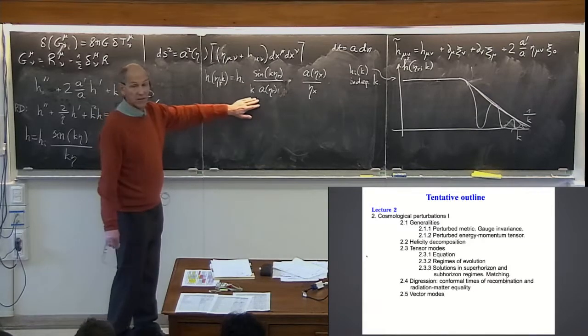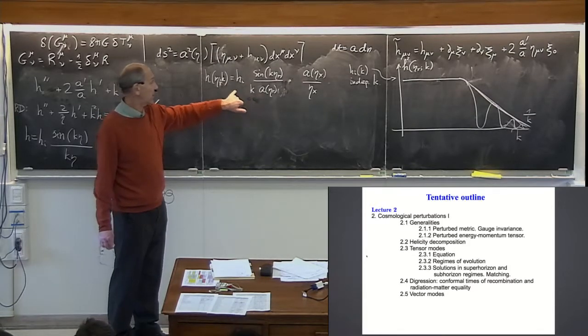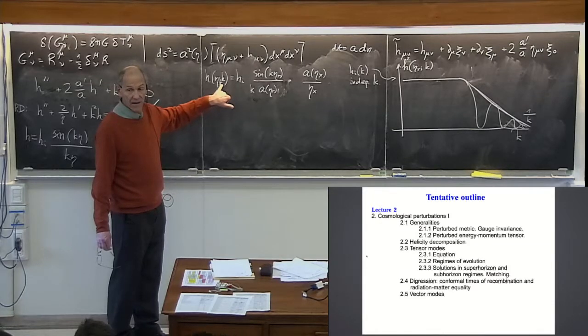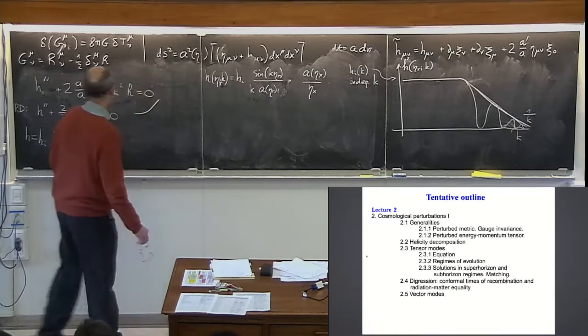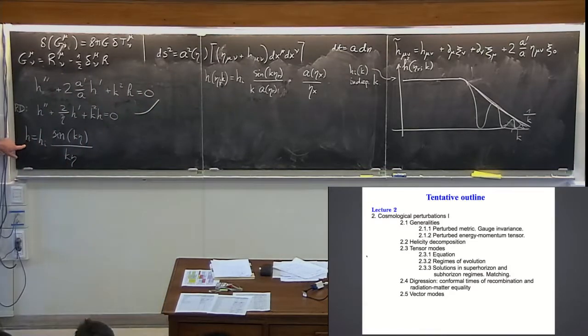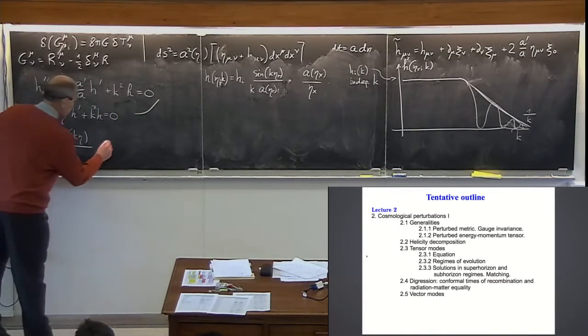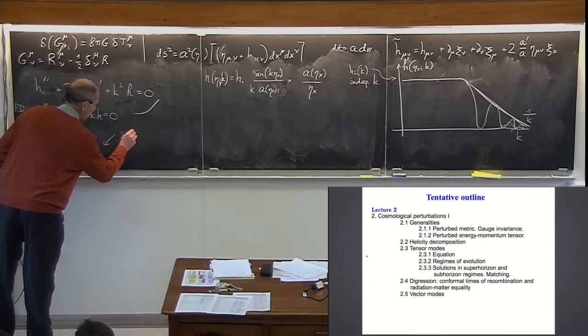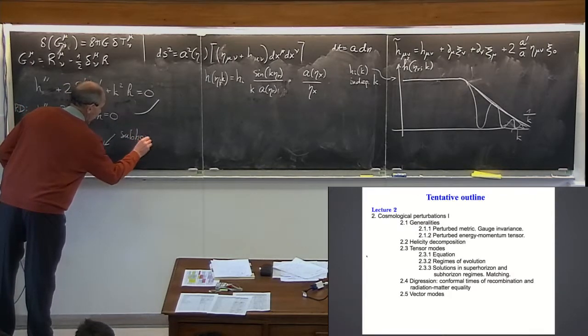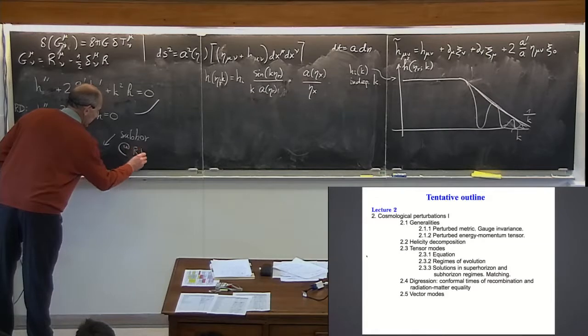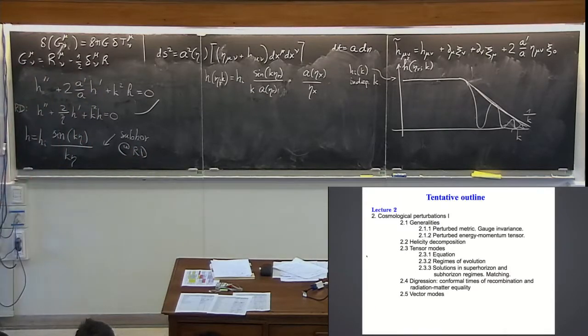Yeah, that's the behavior at very high momenta. Again, this is the solution for subhorizon modes at radiation domination. Assuming that my waves entered the horizon at radiation domination, that's the solution.